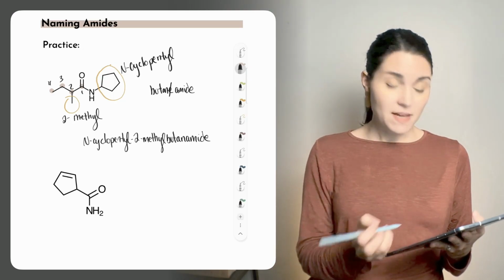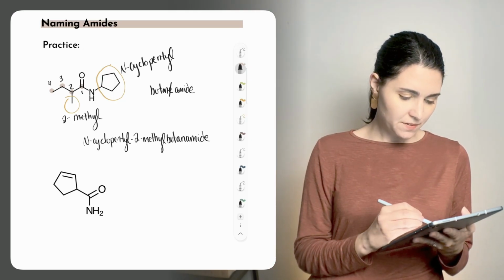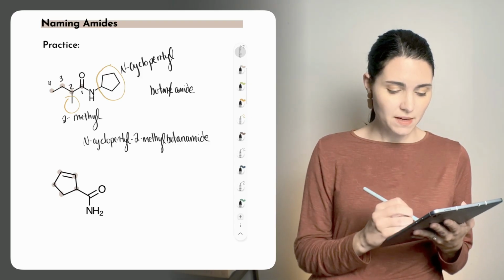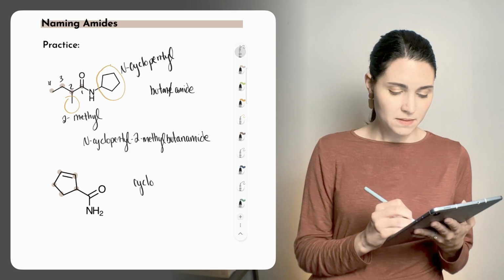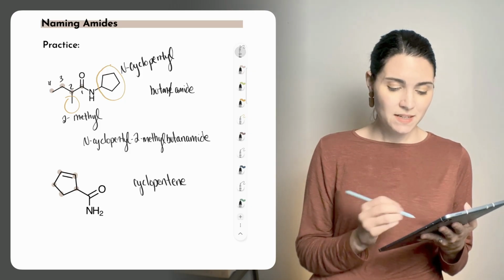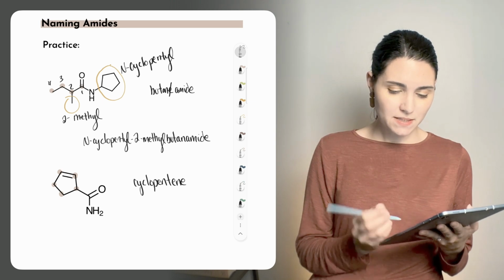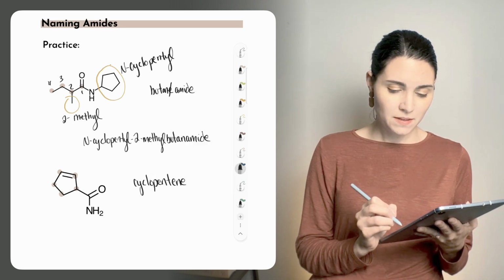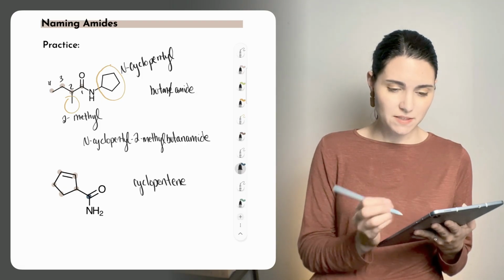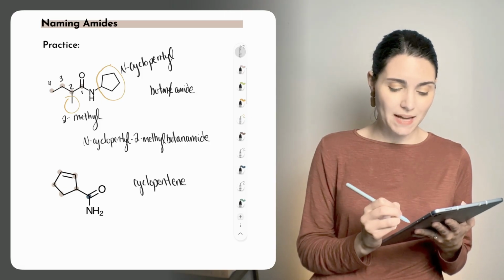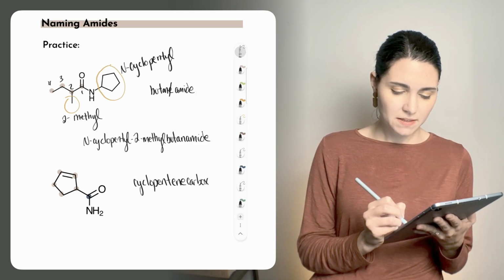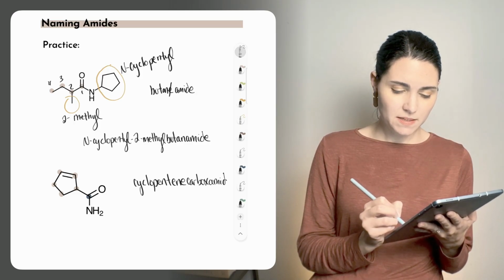All right, here we have a cyclic parent structure. So 5 carbons, but there is a double bond. So that is a cyclopentene parent. Cyclopentene is our parent. The carbonyl carbon is outside of that cyclic parent, so we're going to put that other ending on cyclopentene, carboxamide.